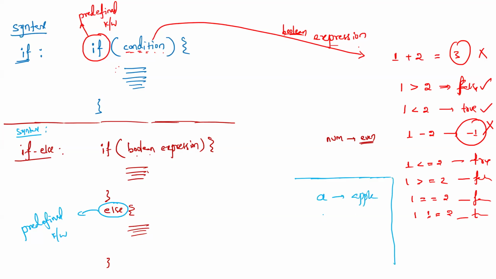If letter is B, print ball. If letter is C, print cat. We'll use this example while discussing also. If it is any other letter, then print hello. Then here how many things are required? One, two, three, and alternate are four.